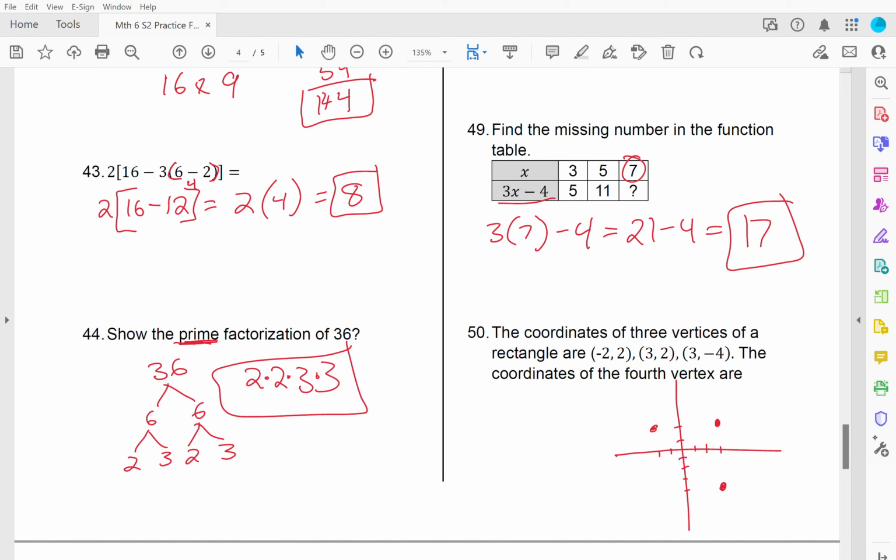The fourth vertex is going to be right here. It's going to be negative 2 in the x and negative 4 in the y. So that would be my final answer.